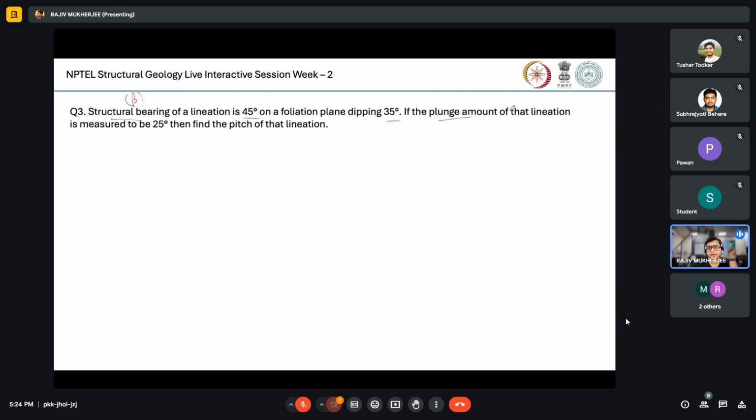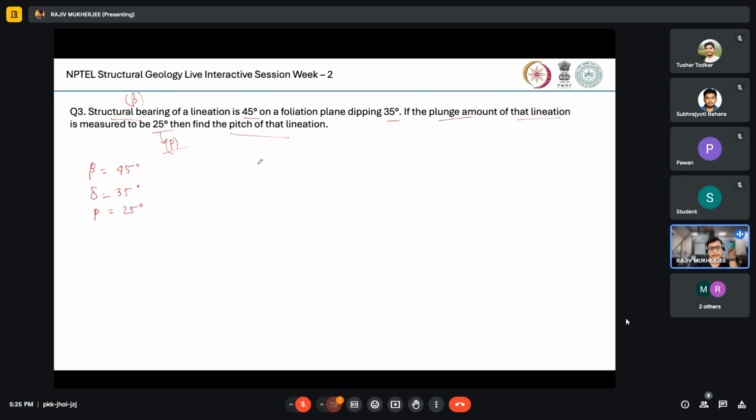If the plunge amount of the lineation is measured to be 25 degrees, so that means we have been given the angle P, then find the pitch of the lineation. So again we have beta, which is 45 degrees, delta, which is 35 degrees, and plunge, which is 25 degrees.